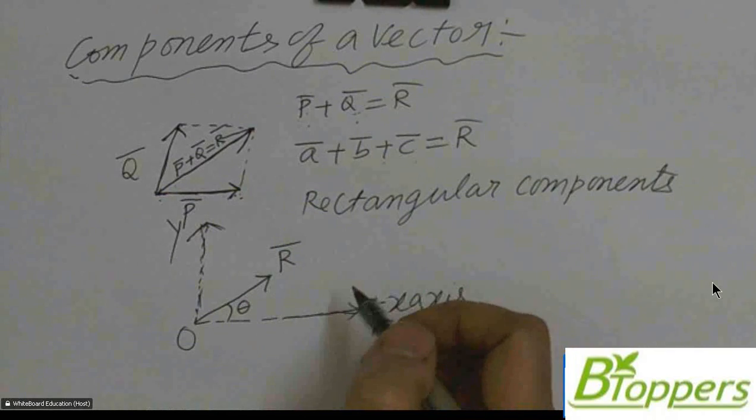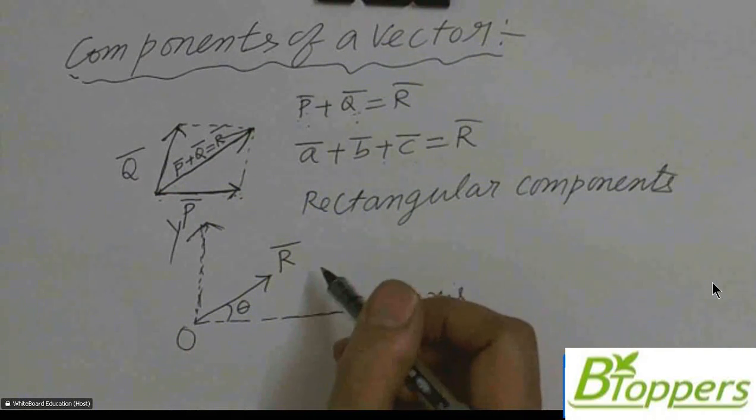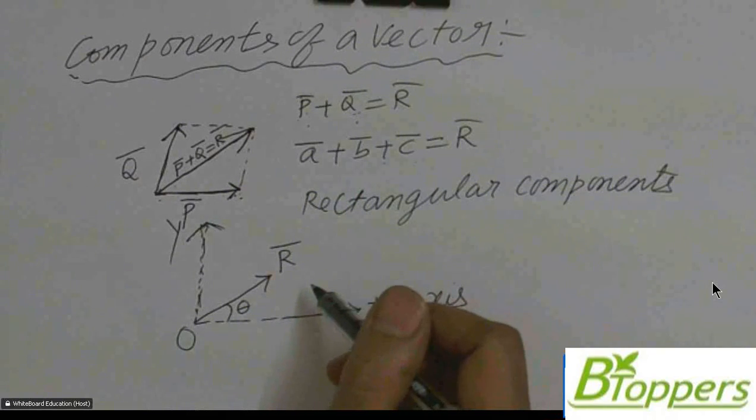That means we are discussing how to find the two rectangular components of a vector in two dimensions.